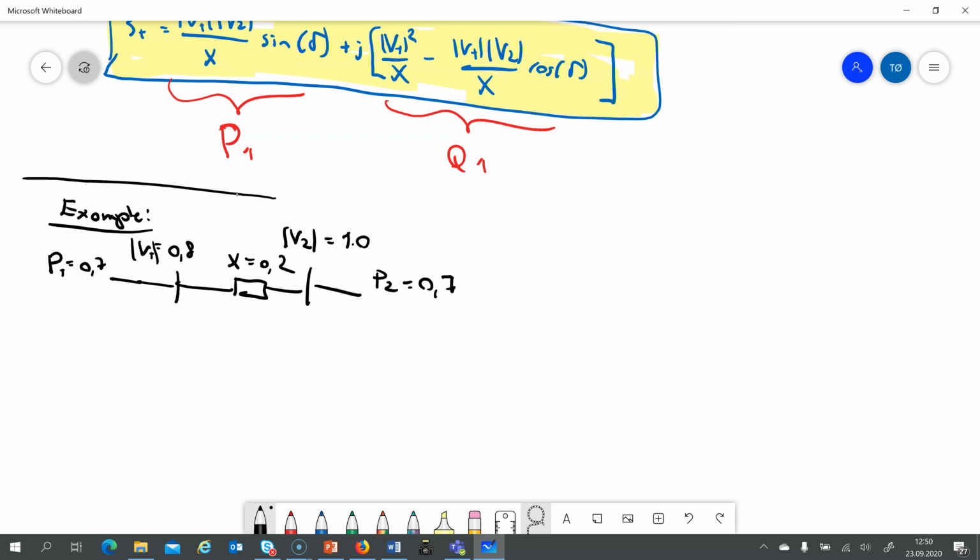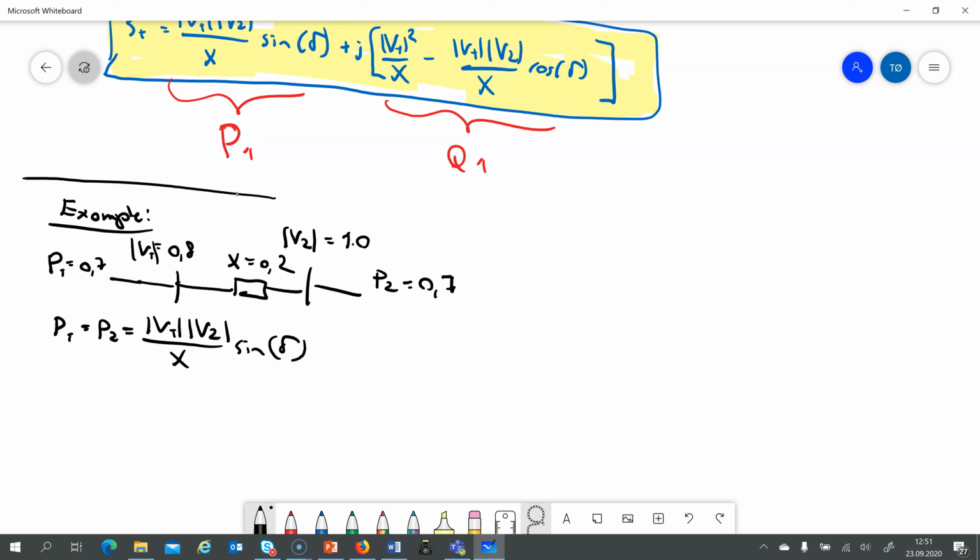So we can say that P1 equals P2 equals V1 V2 over X sine delta, like this. It's a lossless line, as you say.